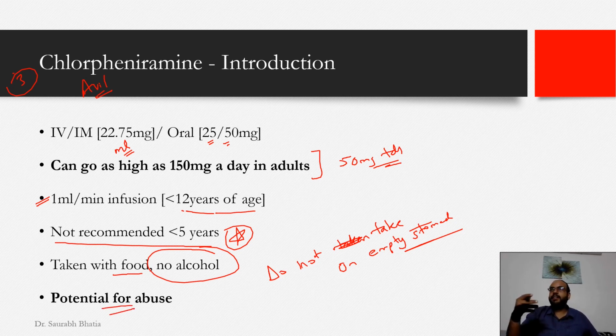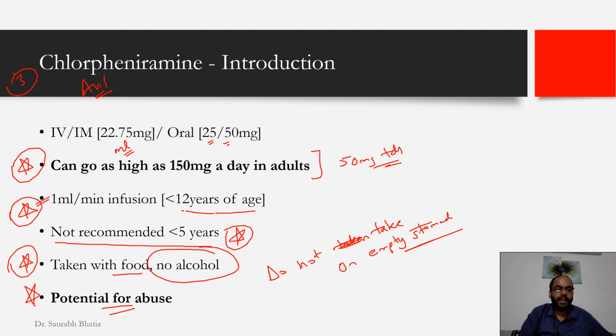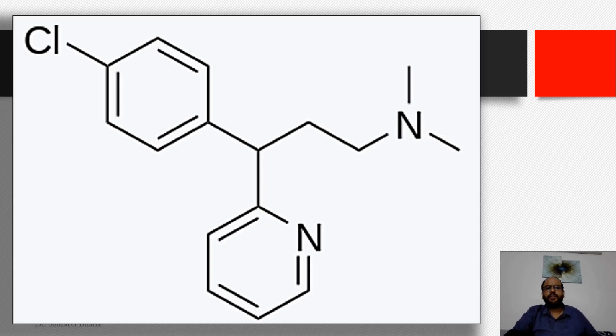People may take it to sleep, and it has a potential to being an abusive drug. So these are important points. You can go as high, give IV, IM, infusion, take with food, do not take with alcohol, and it has a potential for abuse. And this is the structure for chlorpheniramine. You can see the chlorine group from where it gets its name, chlorpheniramine.